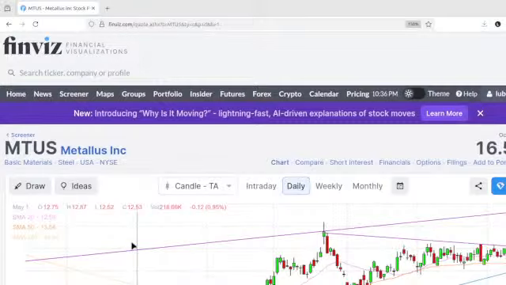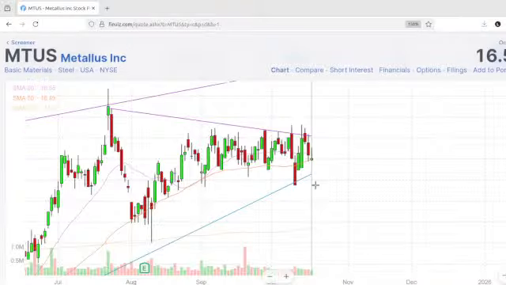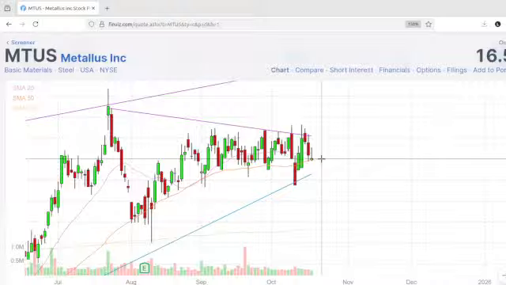There you go. You can see the volume is green here, a green bar, high volume. It's sitting right on the 50-day moving average. So basically the hammer is the main key here.